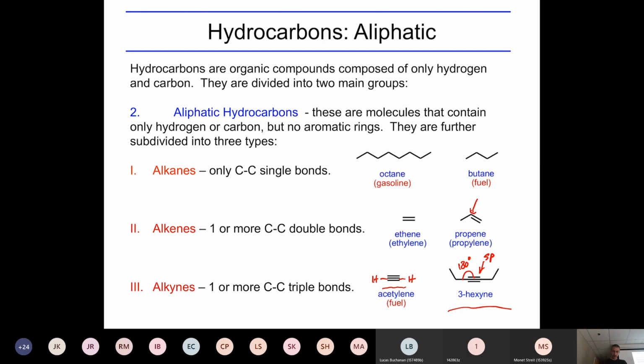What's that hybridization? That's sp2. How about this one? Also sp2. And how about this one? That one's sp3, all single bonds.